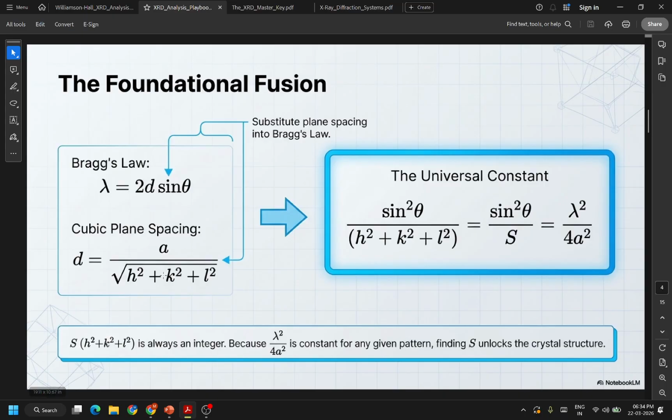So you can put this here, and you get sine square theta divided by h square plus k square plus l square, which is sine square theta by s, which is equal to lambda square by 4a square. So here you can see your sine square theta is equal to s into lambda square by 4a square.